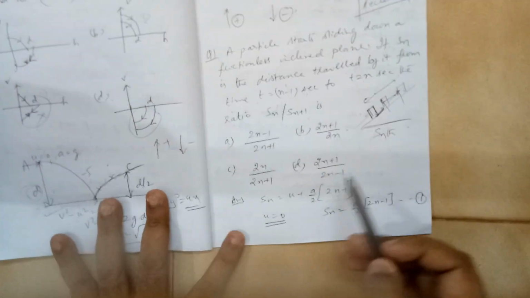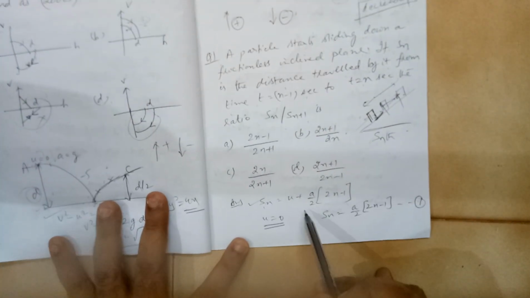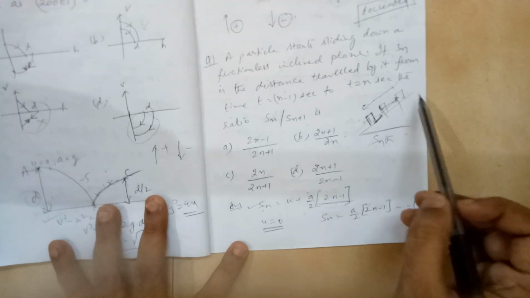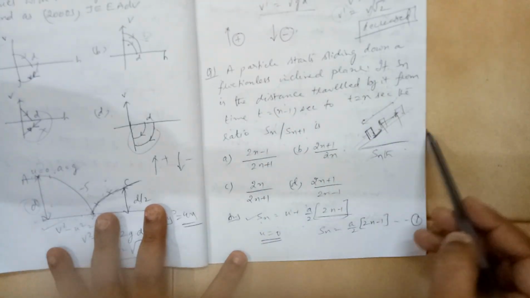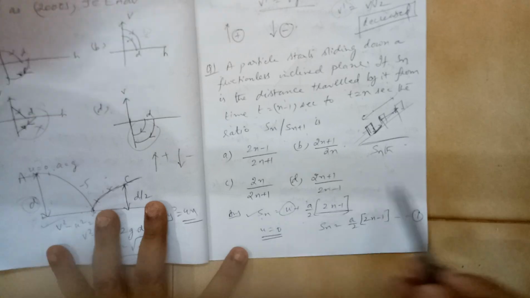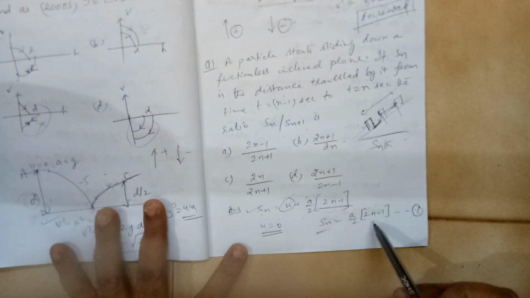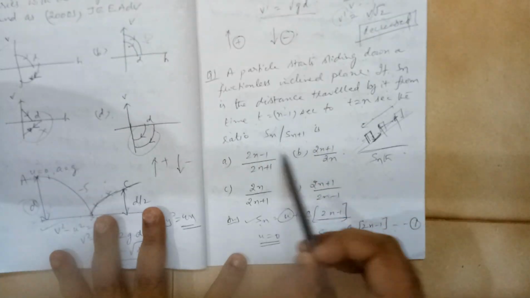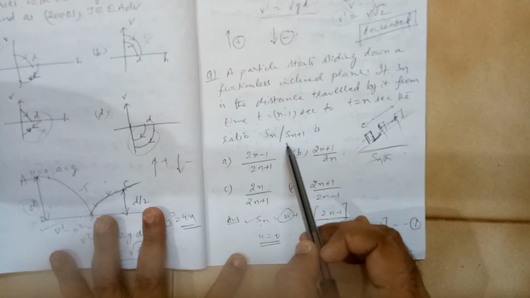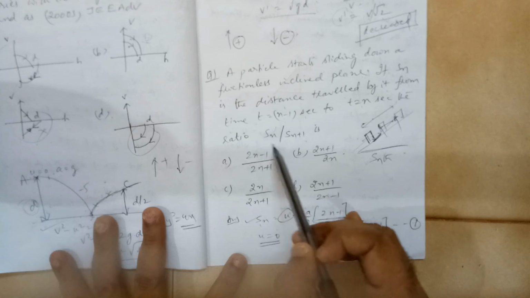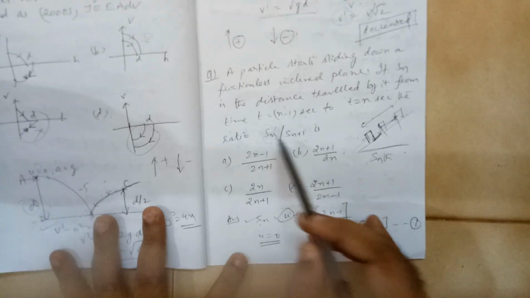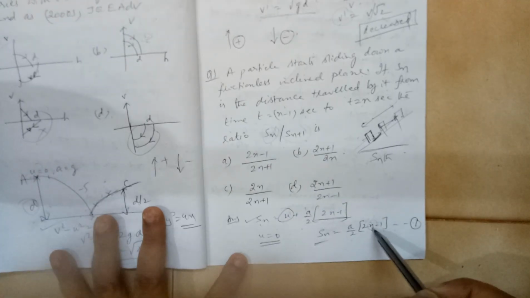So the expression for that is Sn is equal to u plus a by 2 into 2n minus 1. Here the block starts sliding down, means initial velocity is equal to 0, this term is 0, you get Sn is equal to a by 2 into 2n minus 1. Now he is asking you a ratio of Sn divided by Sn plus 1. So while calculating Sn, you have to put n is equal to n, but while calculating Sn plus 1, you have to put n plus 1 in the place of n.